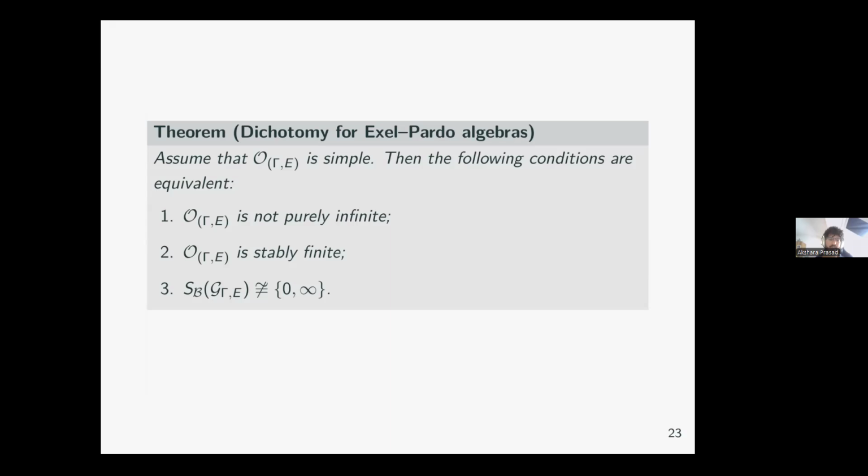And yeah, so when the monoid is purely infinite, it is necessarily just {0, infinity}. You can notice that this is the same as Cuntz algebras, where the K-theory of a simple purely infinite C*-algebra is {0, infinity}. We actually prove that this is the case for any ordered abelian monoid: if it is purely infinite, then it is {0, infinity}.